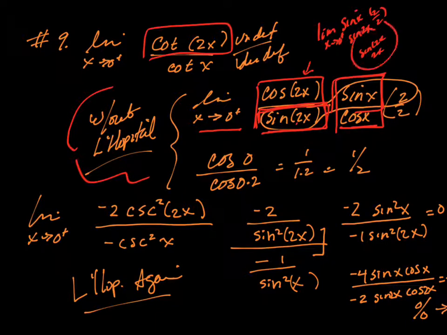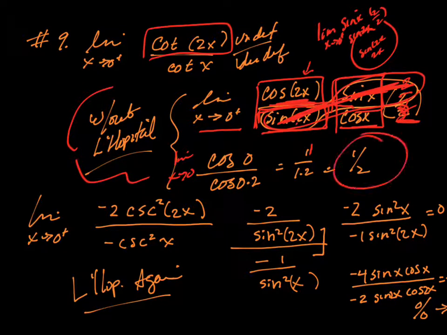So that would be 1. So I multiplied by 2 over 2. So this whole thing would now go away. This would be the limit of 1, this 2 included. And so then I have the limit as x goes to 0 of cosine, just do direct substitution, cosine of 2 times 0 is cosine 0, which is 1, over cosine of 0, which is 1, and then you have the times 2. You still have this 2 down here, so you get 1/2.